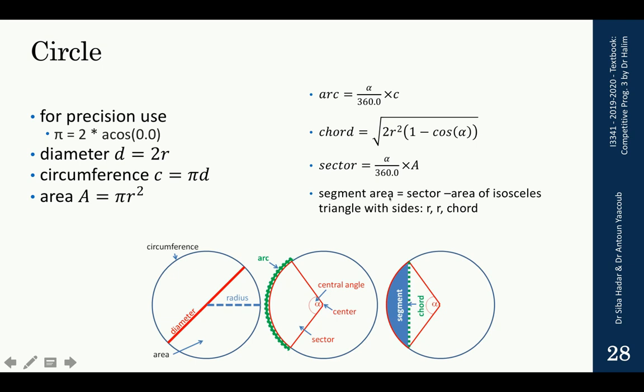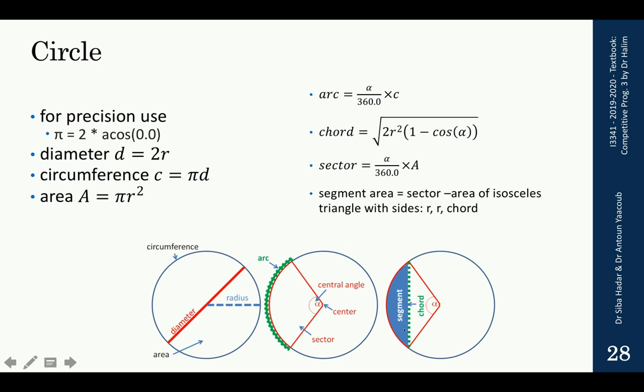The segment area: having an angle alpha and a chord, what will remain from the triangle? The sector minus the triangle will form something we call a segment.